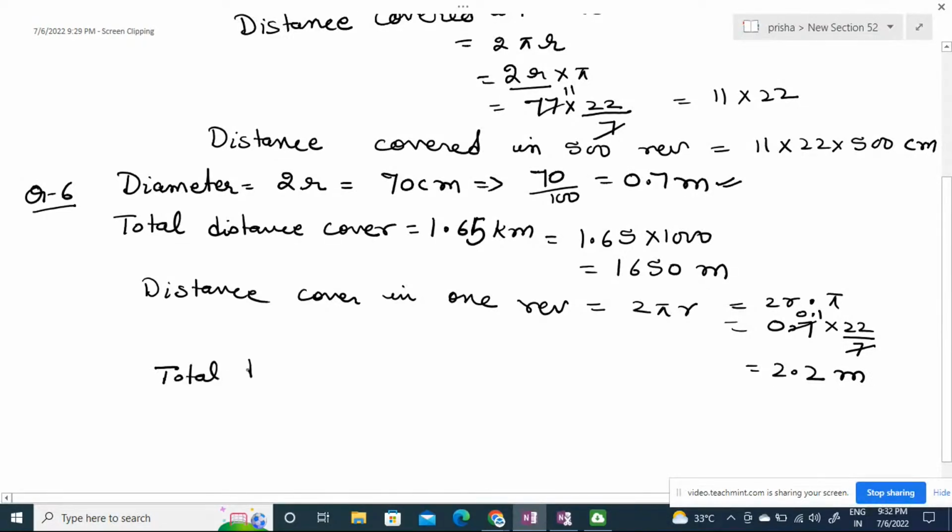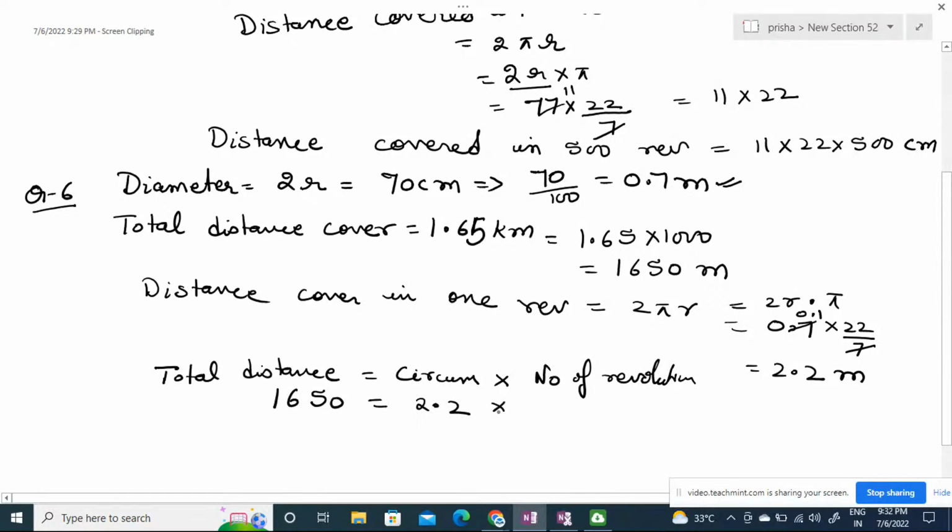Then we'll divide 1650 by 2.2. We have the formula: total distance covered is equal to circumference into number of revolutions. So total distance covered is 1650, circumference is 2.2, into number of revolutions, let it be n. So the value of the number of revolutions can be found by dividing 1650 by 2.2. So it becomes 16500 by 22.